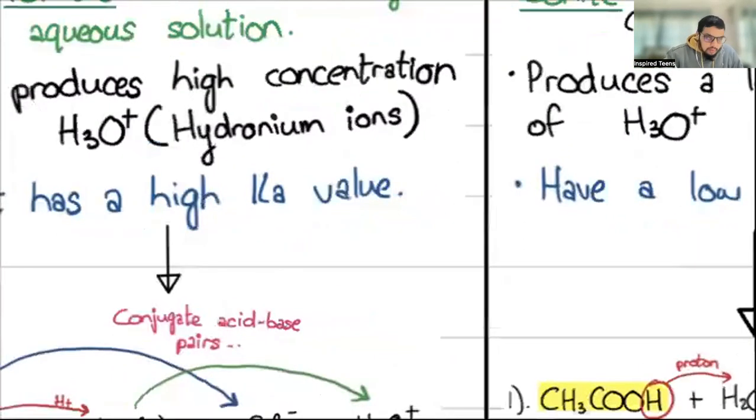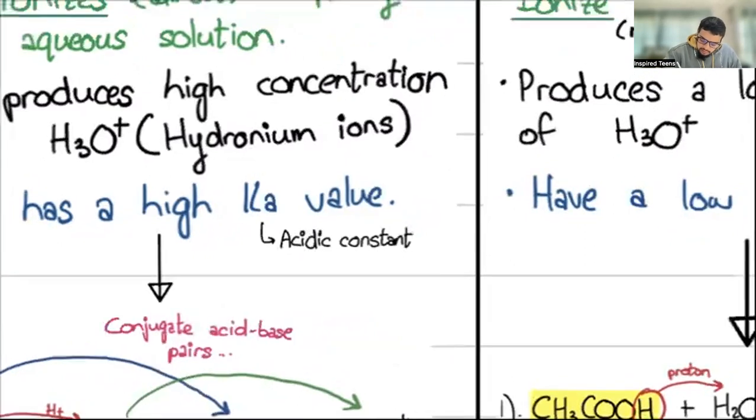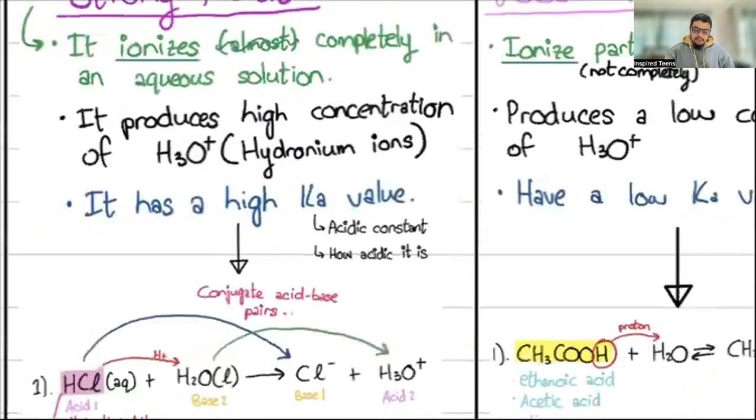Ka is simply an acidic constant. It tells us how acidic a certain substance is.